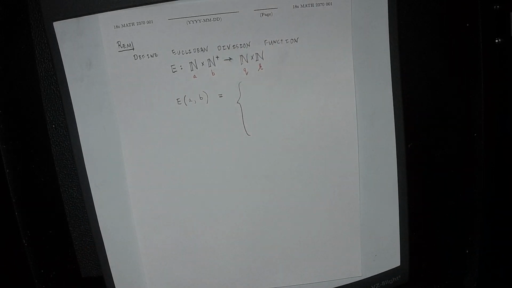Let's think about a simple case. Or actually, this case is something students sometimes find a little bit disturbing. Okay, so what is the quotient and the remainder when 23 is divided by 4? This one's easy. 5 and 3, right? What about when 10 is divided by 4? 2 and 2, right?